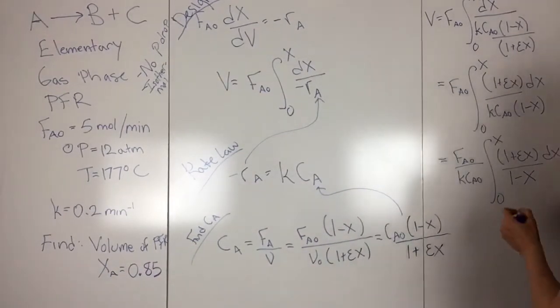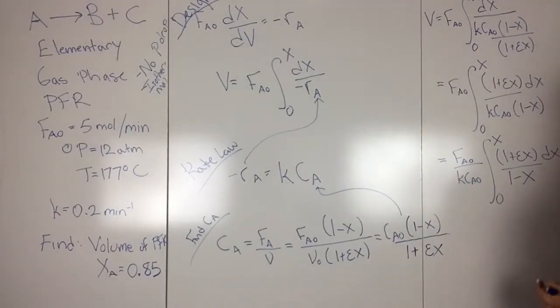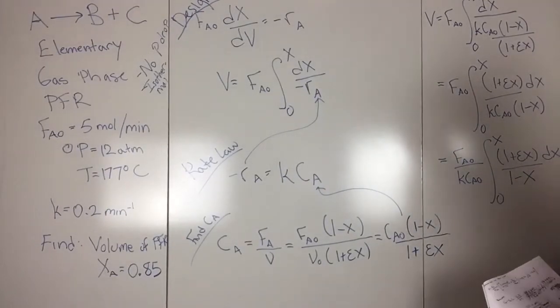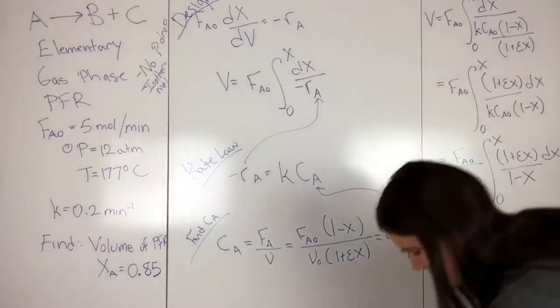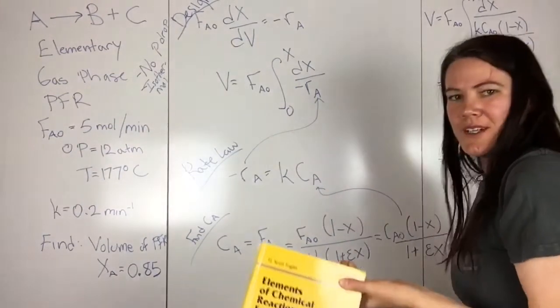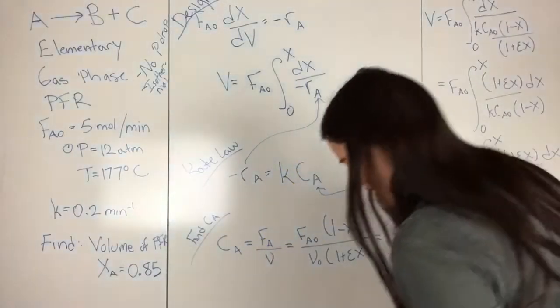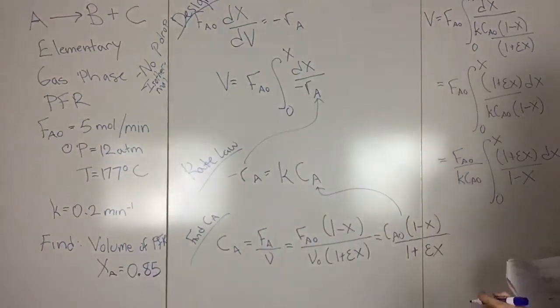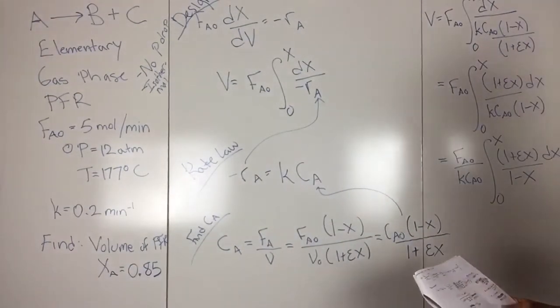Alright, so then you can look up this integral, there's a table of them in the back of this textbook, Elements of Chemical Reaction Engineering, or you can also solve it on your calculator or however you want to solve these.